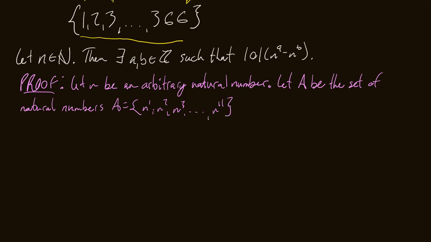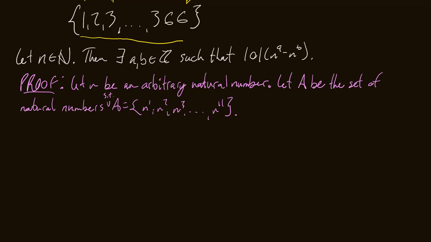So the size of A is 11. We have 11 elements here, n to the first, n to the second, n cubed, and so on, up to n to the 11th, just to make that clear. So A is a set of natural numbers.